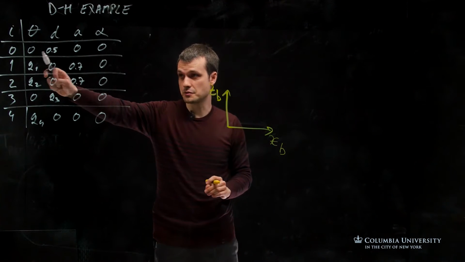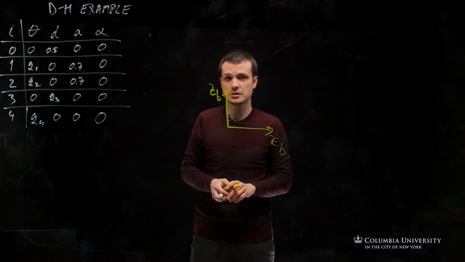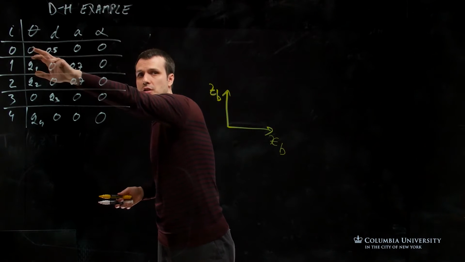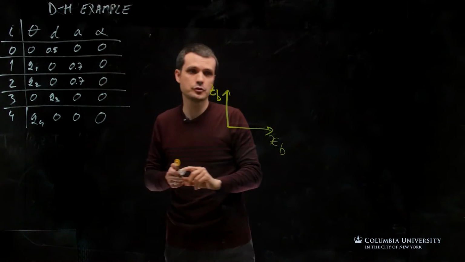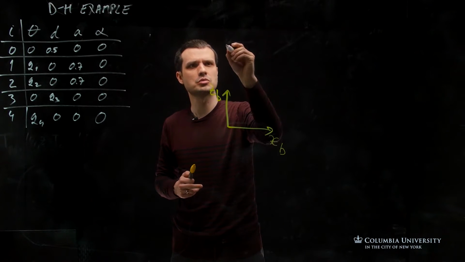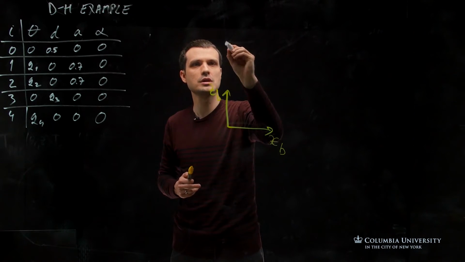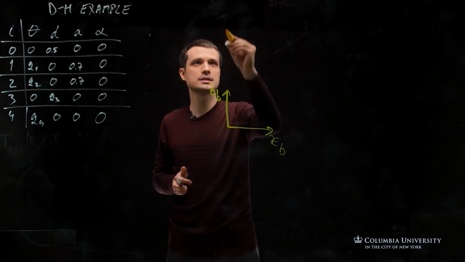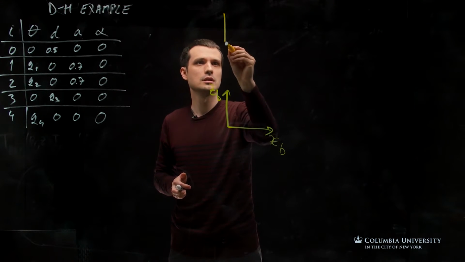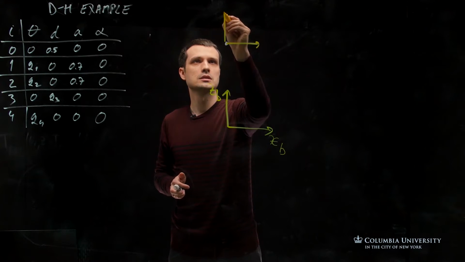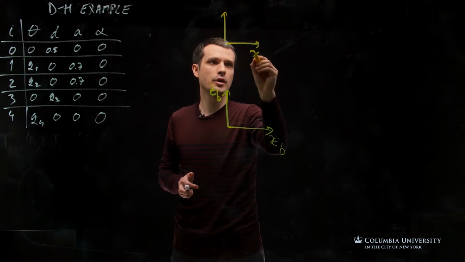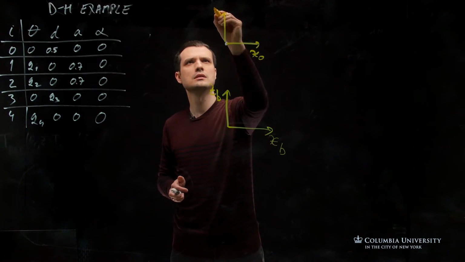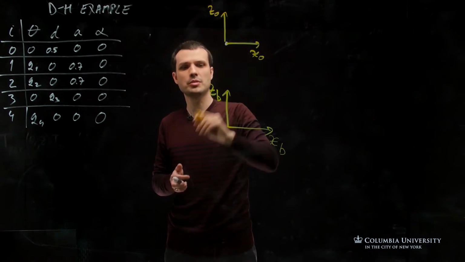Okay, so the first row of our table is just a fixed transform: no rotation around Z, 0.5 translation along Z, which brings us, let's say, 0.5 up to here. 0 translation along X, 0 rotation around X. So the coordinate frame for our first joint is up here.